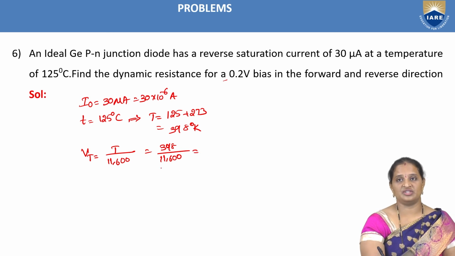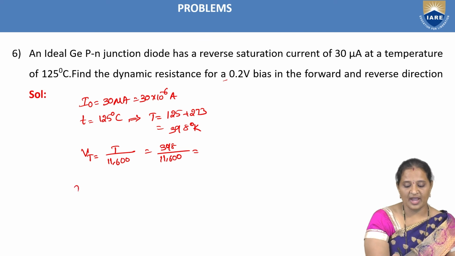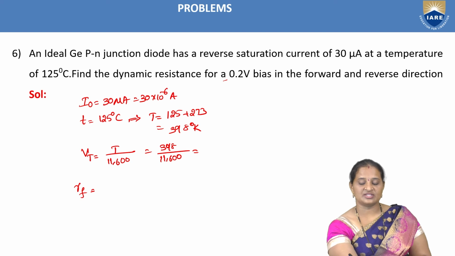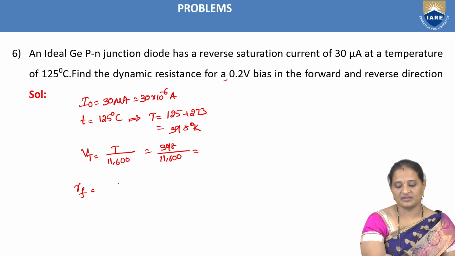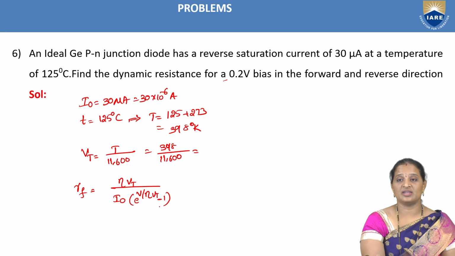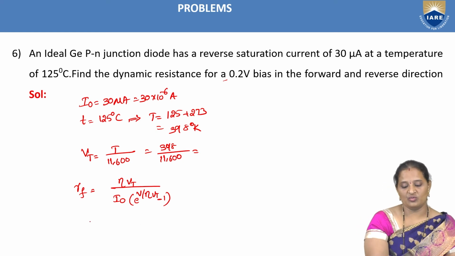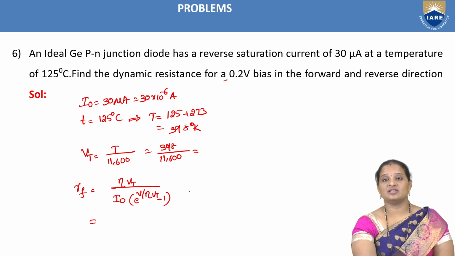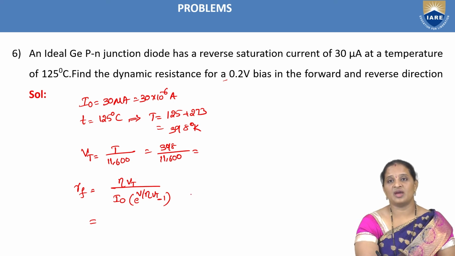Once you know this Vt, now we need to find the dynamic forward and dynamic reverse resistance. So Rf is equal to eta into Vt divided by I naught into e power V by eta Vt minus 1. So we all know these values, the eta value. And one thing, he has mentioned that the diode is a germanium diode.